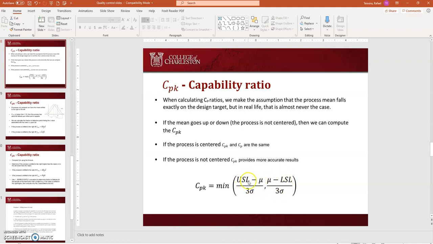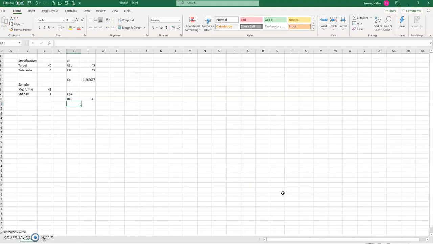So it's the upper specification limit minus mu, and then mu minus the lower specification limit, and we divide both by 3 sigma. Okay, so upper specification limit minus mu, and then we have 3 sigma, or 3 standard deviations.